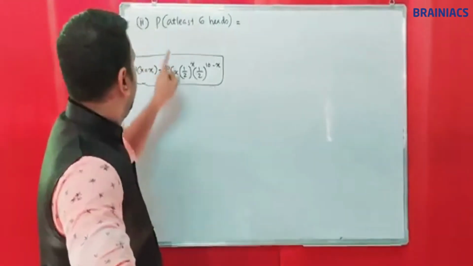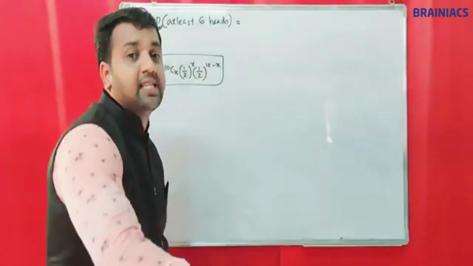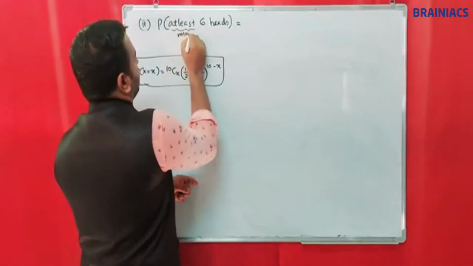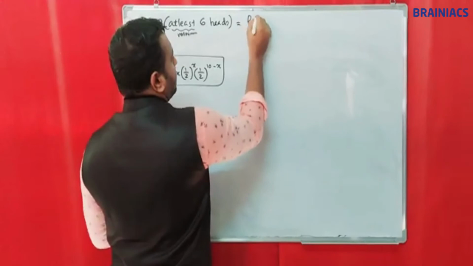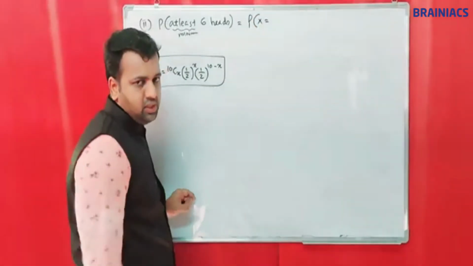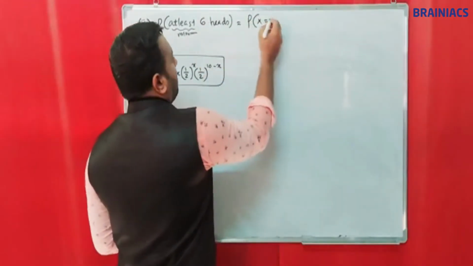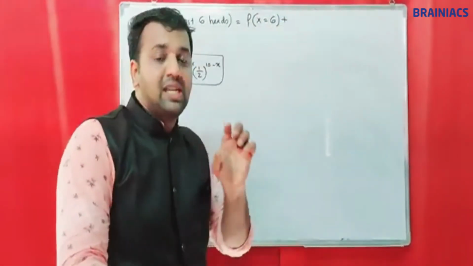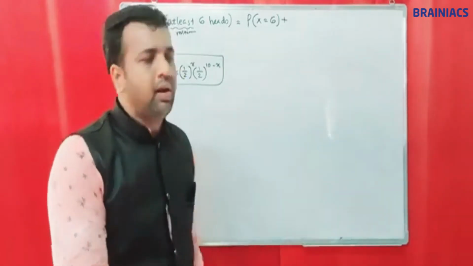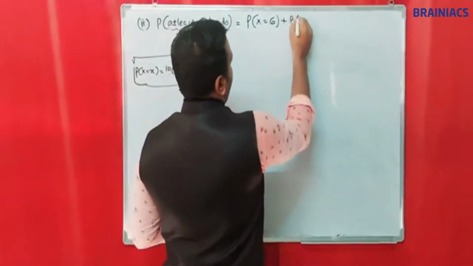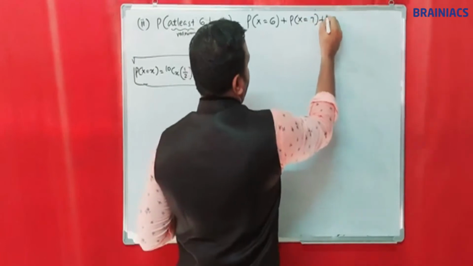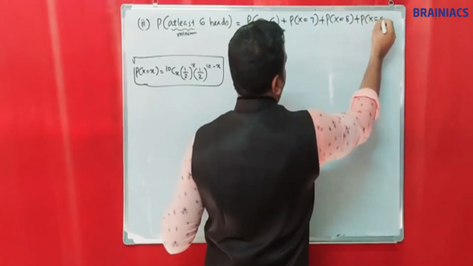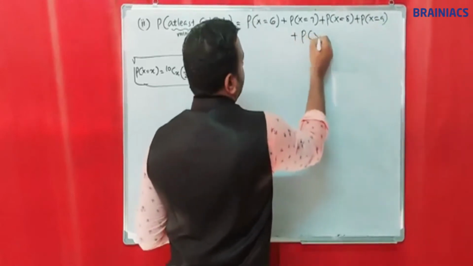The second question: P of at least 6 sets. At least means minimum 6. Minimum 6 means we take several conditions: P of x is equal to 6, and the value increases 1 by 1, so x is equal to 7, P of x is equal to 8, P of x is equal to 9, and it ends at P of x is equal to 10.